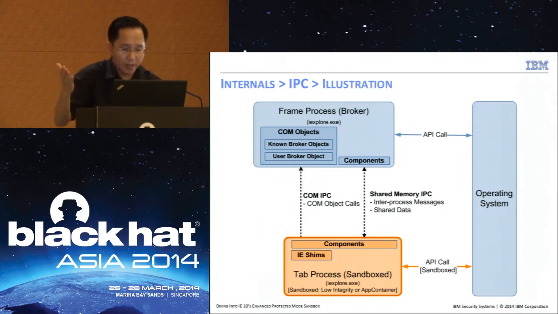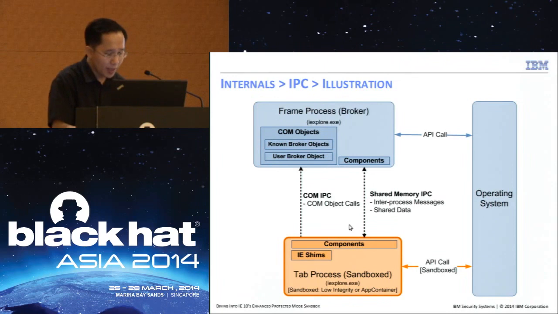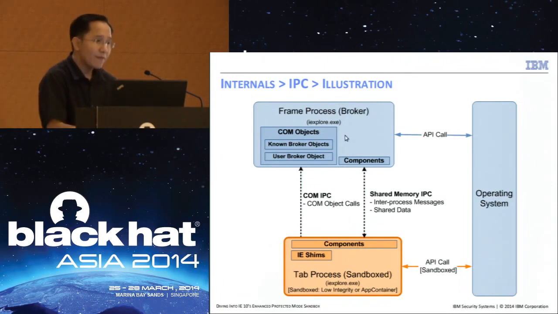So the first IPC mechanism, as I discussed, is the shared memory IPC. It is used by components in the broker and the Sandbox process for exchanging inter-process messages and for sharing data. The COM IPC mechanism, on the other hand, is bootstrapped by the broker by first marshalling an interface of this user broker object.